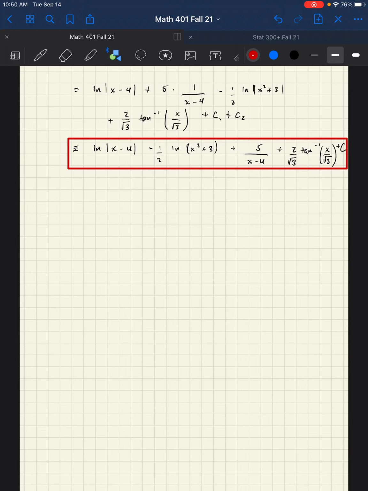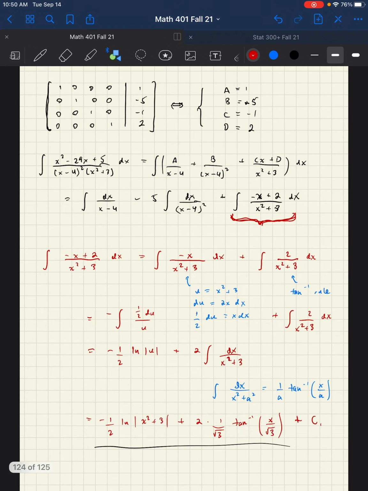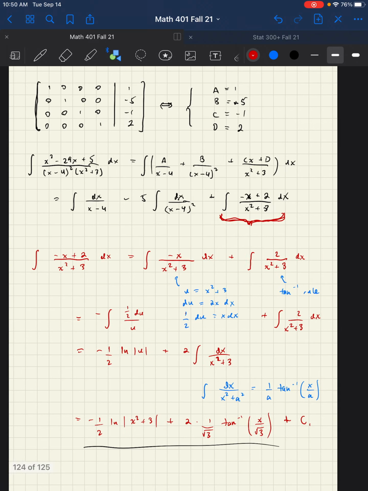And then we'll do one more example that just illustrates a more general strategy that we actually kind of talked about here in this intermediate work, where we split up the rational function that has the linear on top and the quadratic on the bottom into two kinds of integrals. One that we end up using a u sub on, and another one that we end up using the tan inverse rule on.